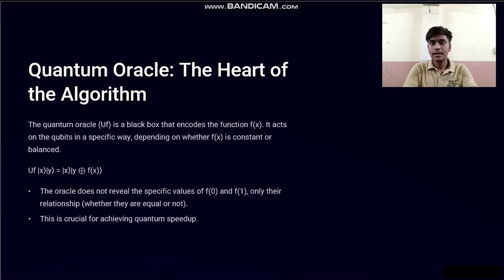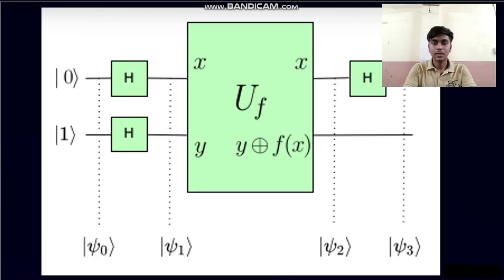Instead, it lets the quantum system evolve so that we can extract global information, in this case, whether the function is constant or balanced, using interference patterns. And this is the quantum oracle.